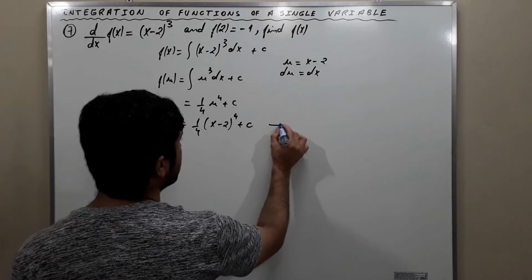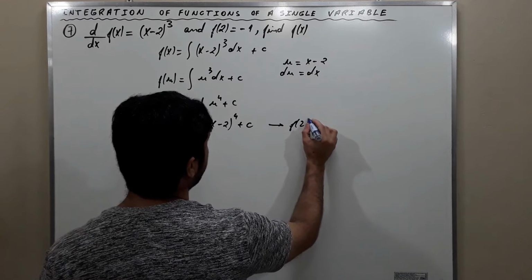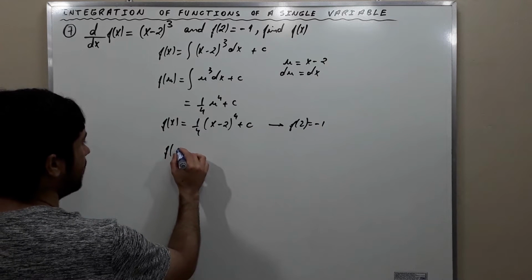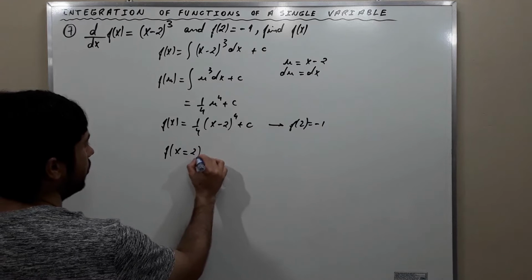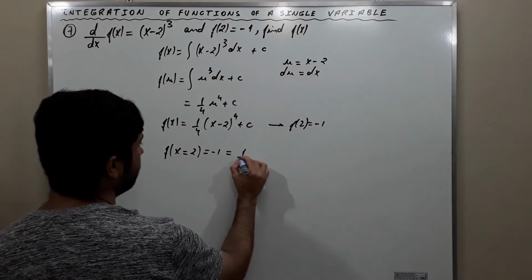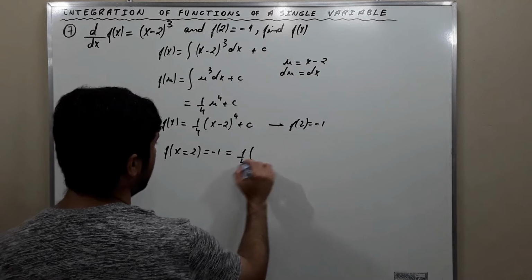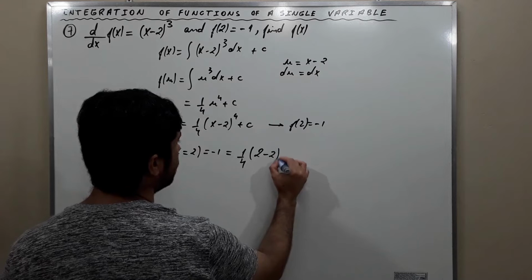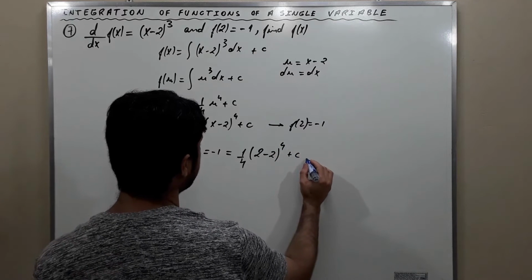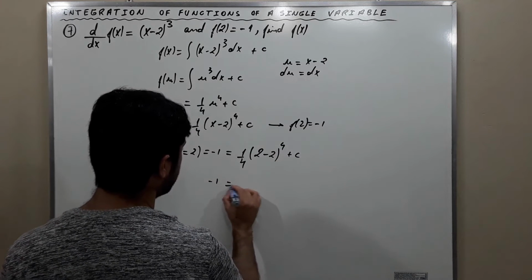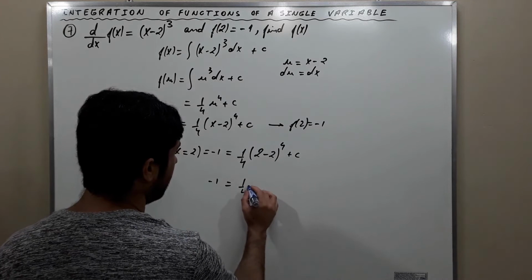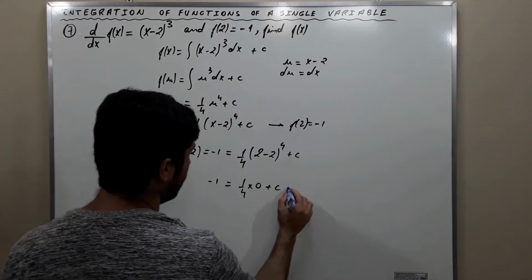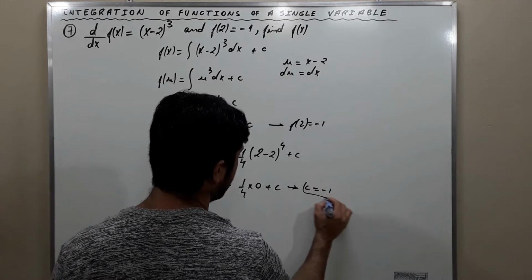And using that f of 2 is equal to -1, we get -1 is equal to a fourth of 2 minus 2, to the fourth, plus c, and -1 is equal to a fourth times here 2 minus 2 is 0 plus c, where c is equal to -1.